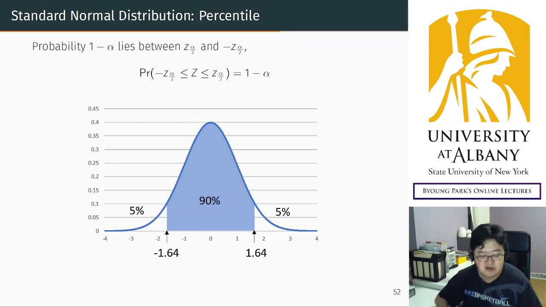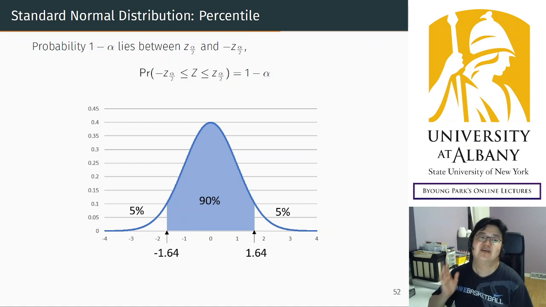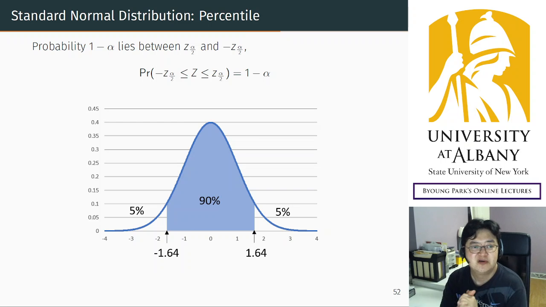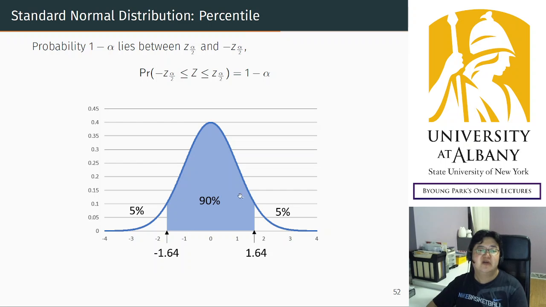We are going to use this again, because in many cases 90% is a commonly used number, so you will see it again later. And because we are using this many times later, we get an even more annoying notation. We are interested in the probability 1 minus alpha lying between something. Here, probability 90% lies between plus minus 1.64, right?